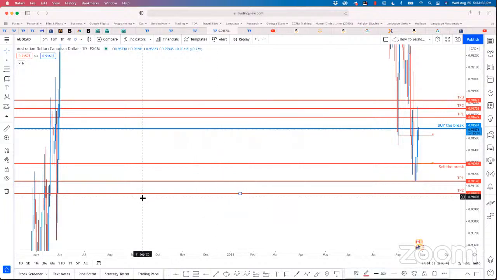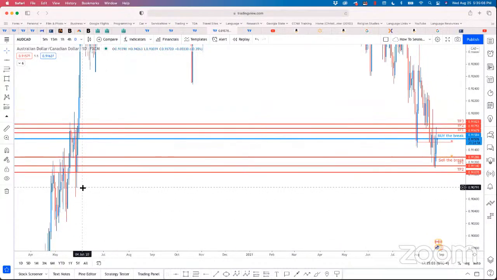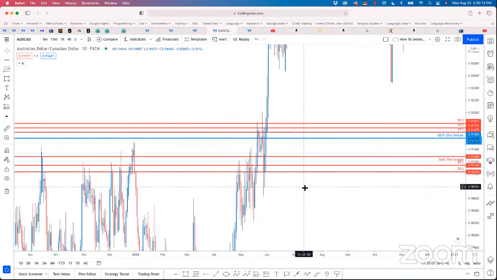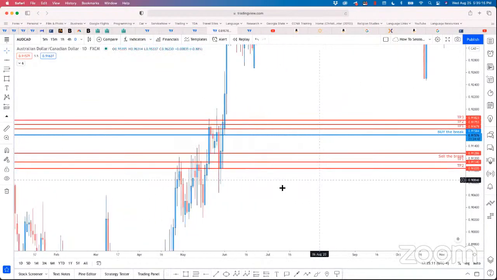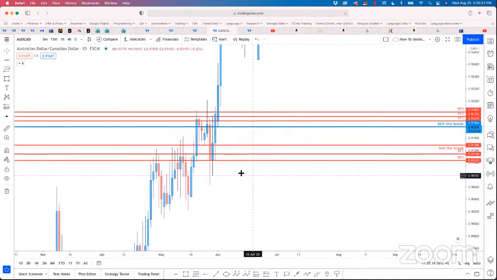Then I got to take the same approach, right? What's in this area over here that I could use as a target? I'm gonna zoom in over here a little more and see if there's anything else that I might want to consider. I got a couple options, right?